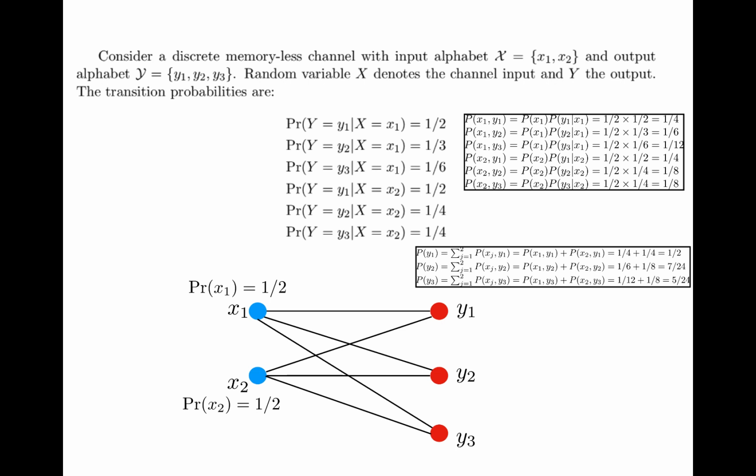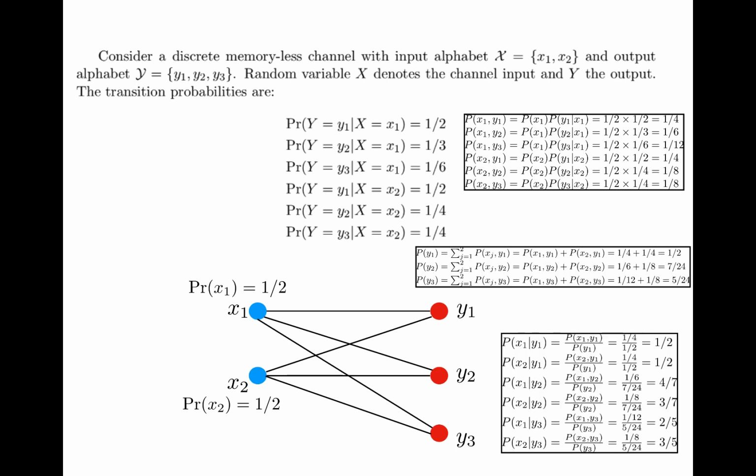Now let's calculate the a posteriori probabilities. So what is the probability that x1 was transmitted given that I observed y1 at the output? That is given by probability of x1 given y1, and that can be easily calculated from the joint probability and the probability of y1. So in this case probability of x1 given y1 equals half.